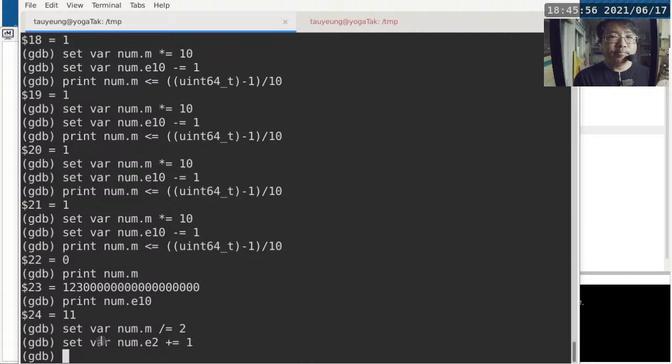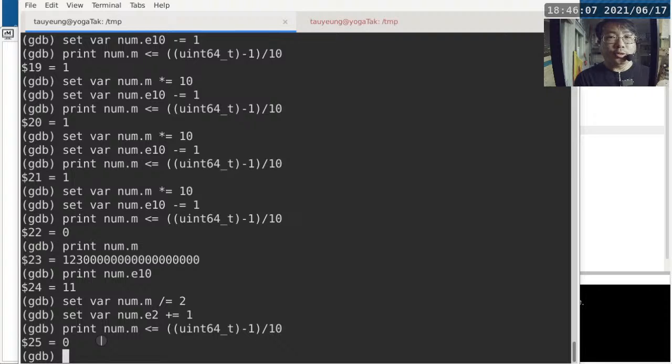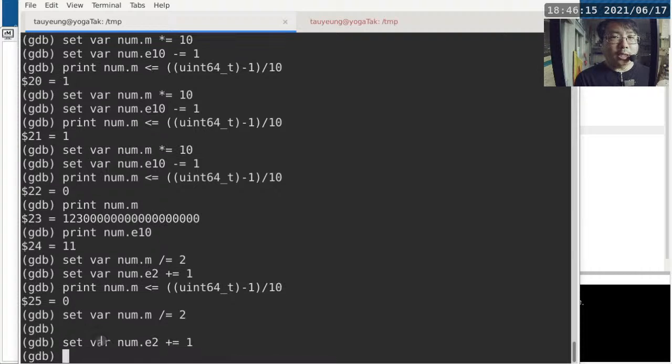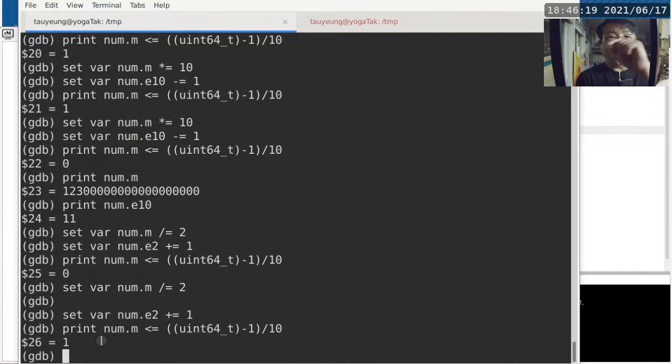Okay, and now we have to test again. We have to go through that test to see if m is now small enough so that we can multiply it by 10 again. The answer is nope, not quite. All right, fine. We'll divide it by 2 again and increase E2 by 1 again, and then go through that test again. Aha, now we can do it.